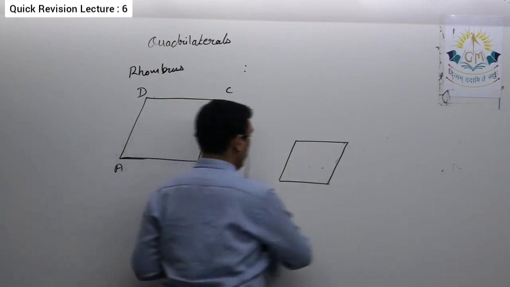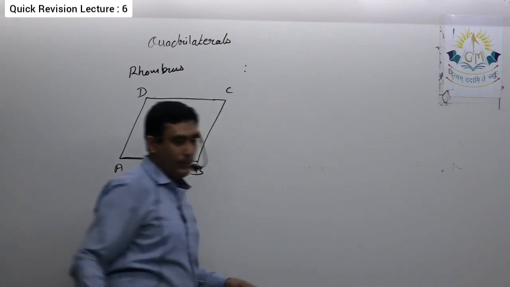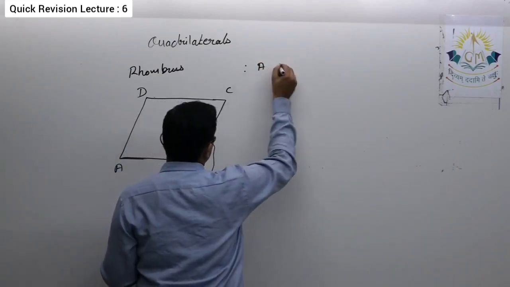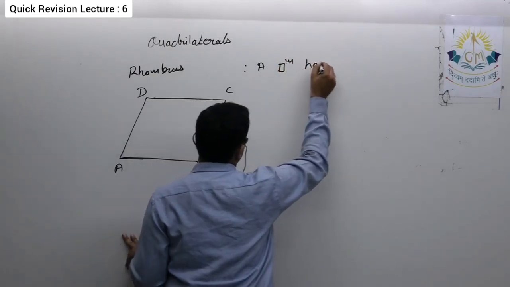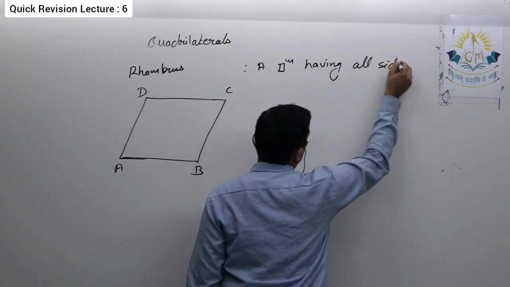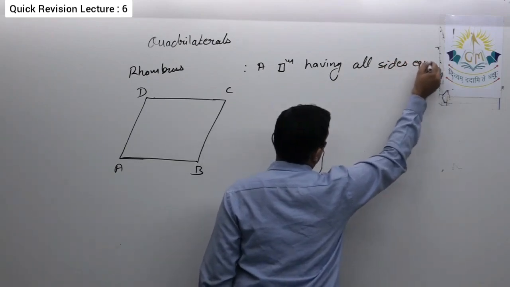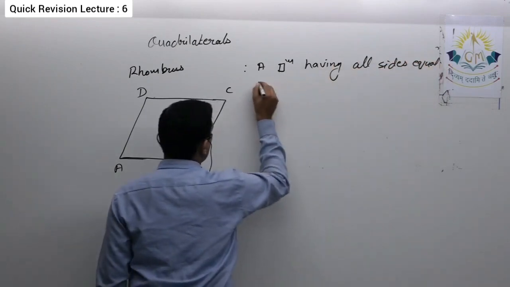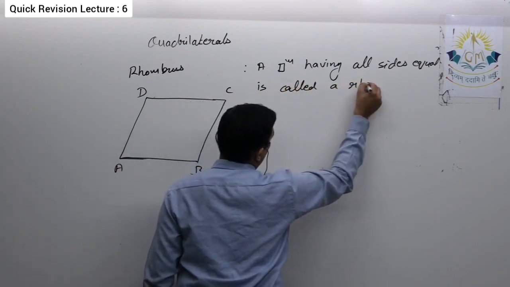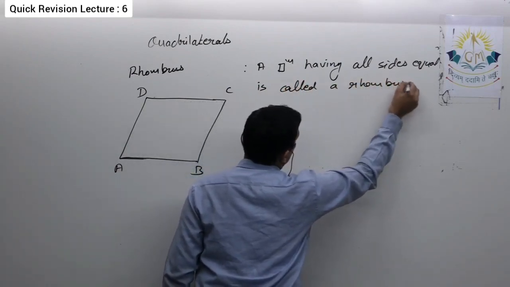So we'll get a rhombus. So we can say a parallelogram having all sides equal is called a rhombus.